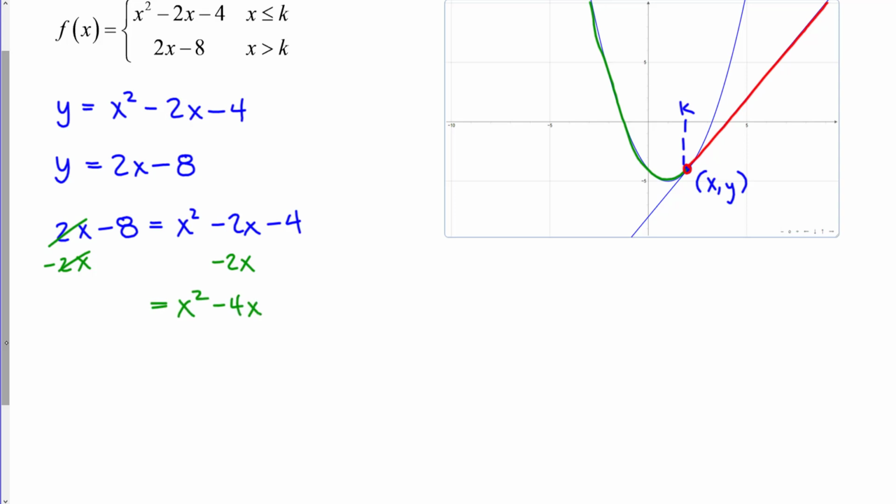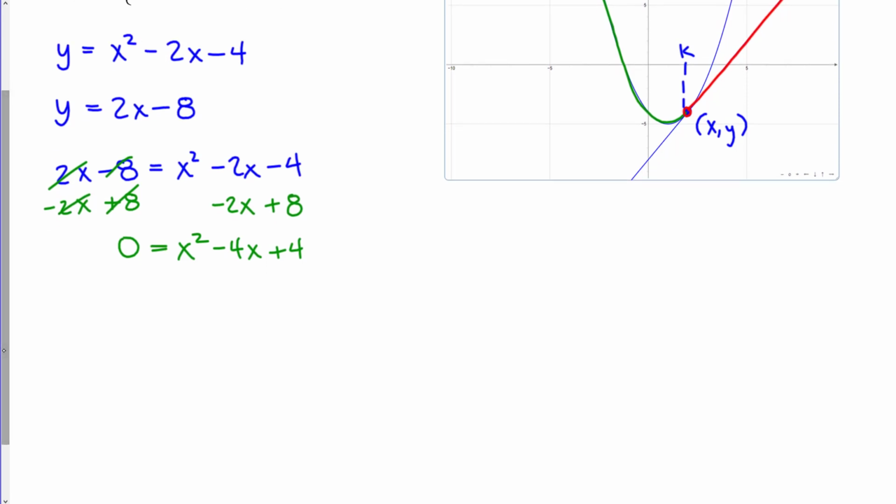And then next what I'm going to do is add 8 to both sides so I can get this canceled out. That'll be equal to 0. But I have to add 8 to this side as well, so plus 4. And the reason I got everything set to 0 is because when you have a quadratic, that's what you need to do. You need to get everything set equal to 0 so that you can factor.